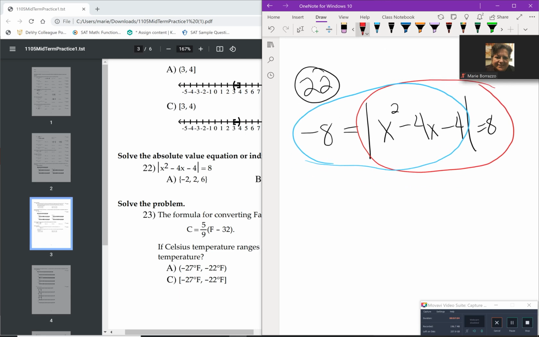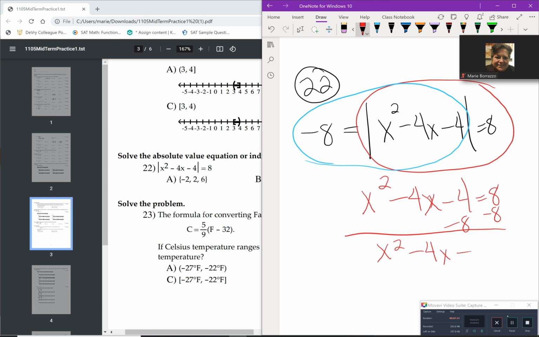So you start with the red. So if I start with the x squared minus 4x minus 4, and I set that equal to 8, I'm going to subtract that 8 on both sides. And I have now x squared minus 4x minus 12 equal to 0.